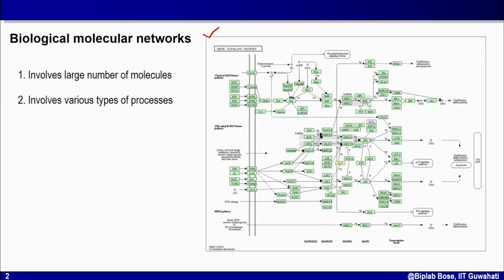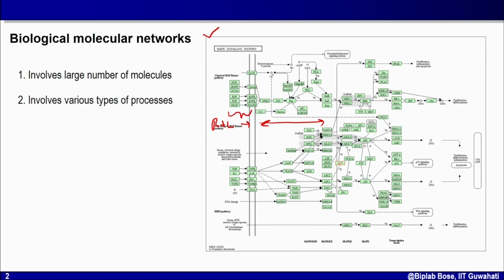Then, apart from molecules, there are many types of processes involved in a particular network. For example, in the network I have shown here, if you notice, this is the cell membrane, and you have receptor-ligand interaction here. Then the processes going on in this part are essentially cascades of kinase enzymes.